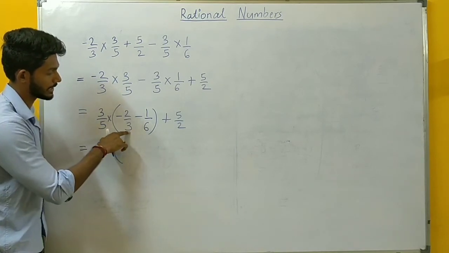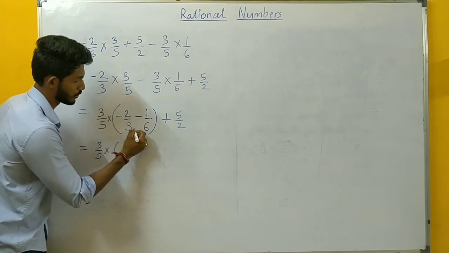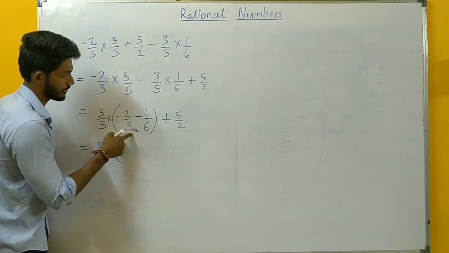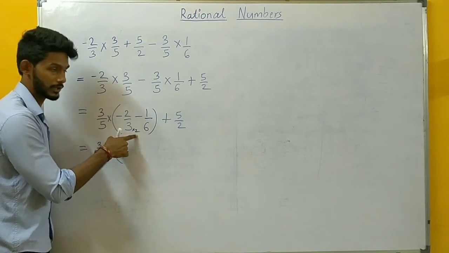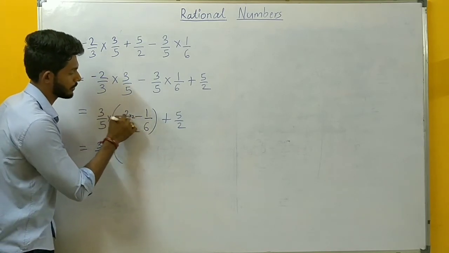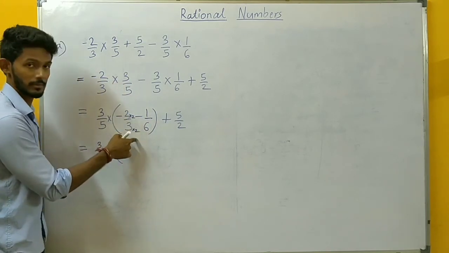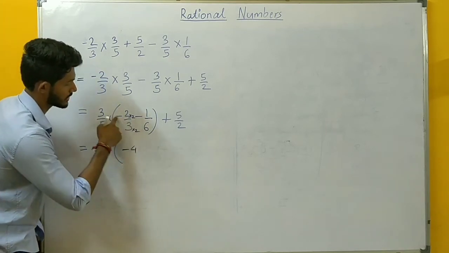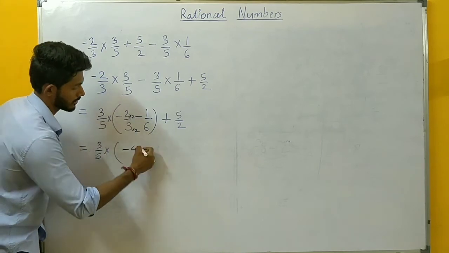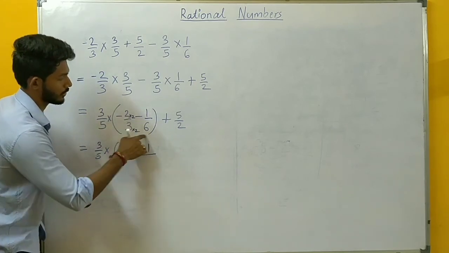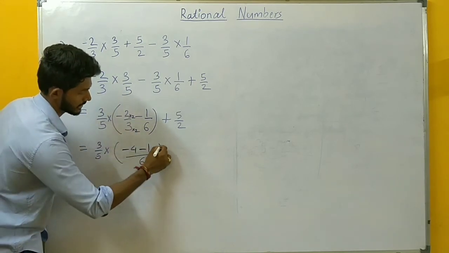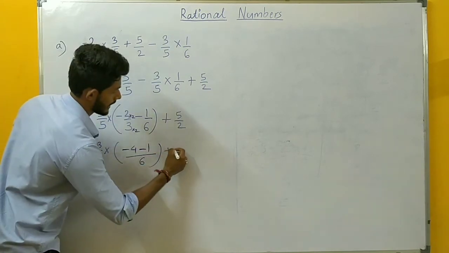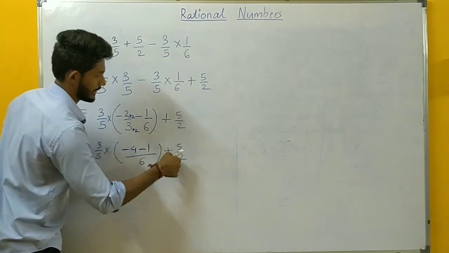So we will have to multiply this 3 with 2, and we are multiplying this 3 with 2, therefore we will have to multiply the numerator as well with 2, the same number. So 2 into 2 will become negative 4, since this is a negative sign, negative 1, and denominator is 6. We will add this with 5 by 2.